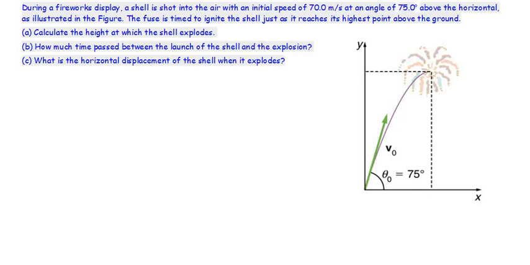As a start, when I look at the scenario here, I have a vector making an angle with the horizontal, which means I need to analyze the velocity vector into two components.